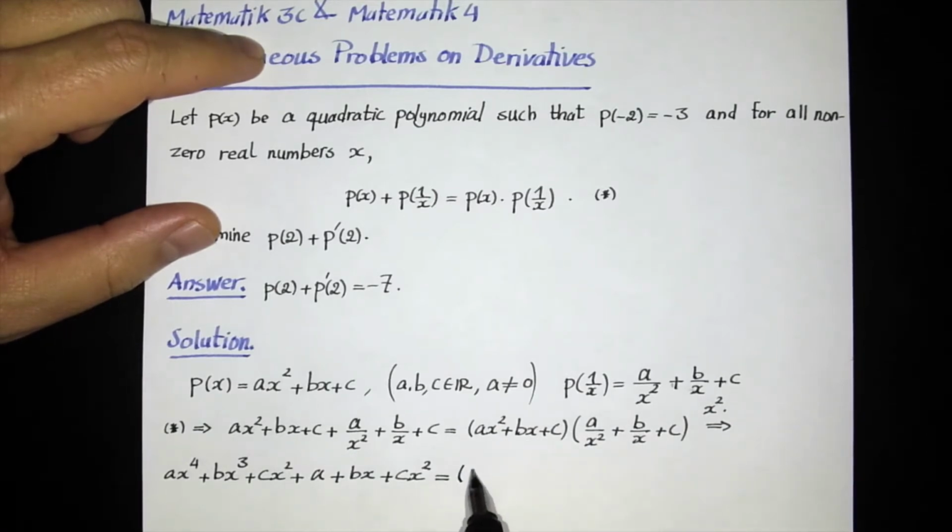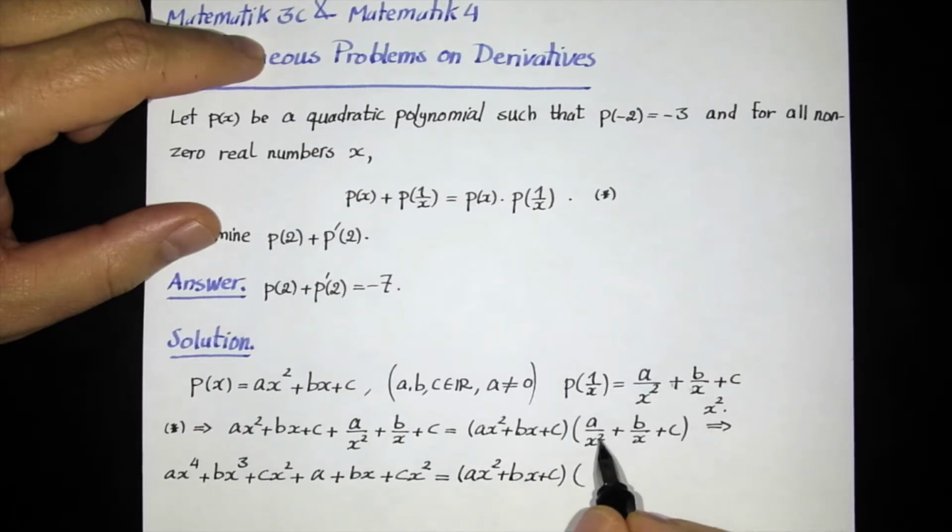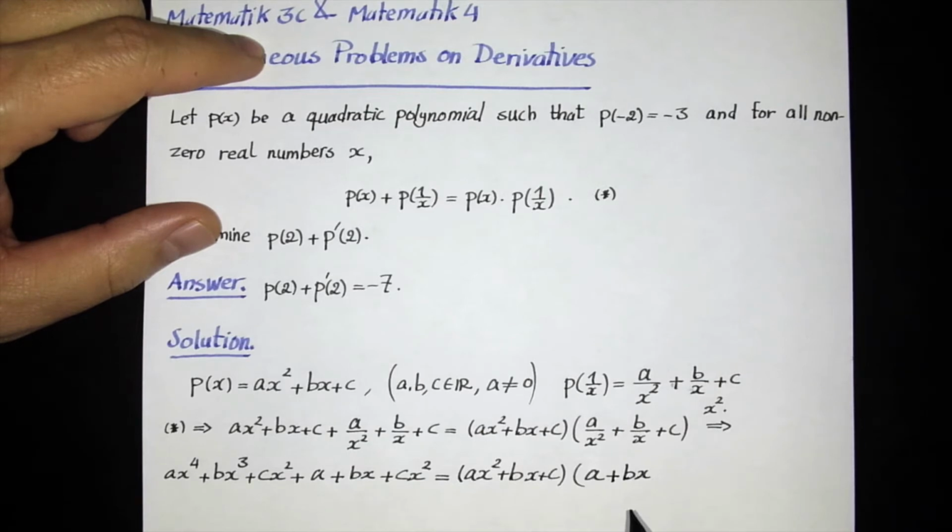So I keep the content of the first pair of brackets the same, and I multiply x squared here. When I multiply, the x squared in the denominator cancels my x squared, and it becomes a. The next one becomes bx because one of them is cancelled and one is left, and the next one becomes cx squared.